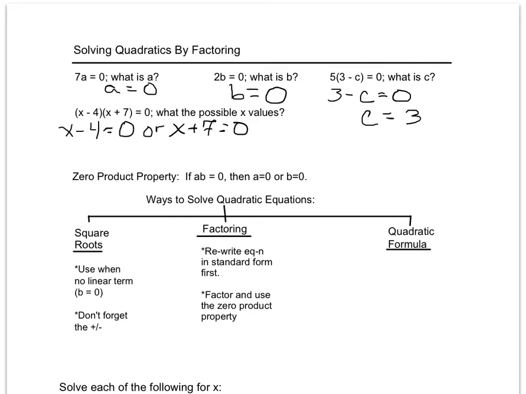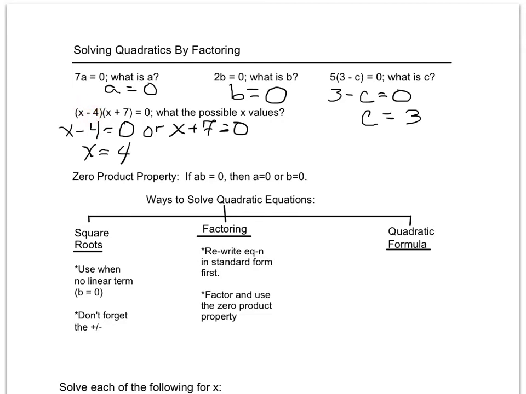I could solve both of those equations to figure out my possible x values to make this a true statement. But one of them has to be 0. The only way two things are going to multiply to be 0 is if one of those two things is 0.